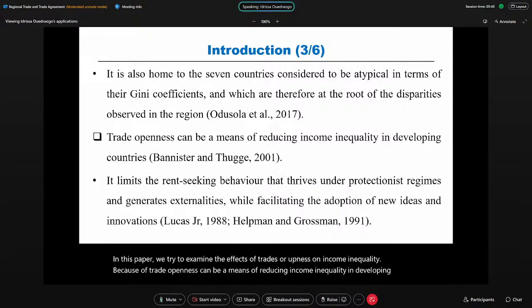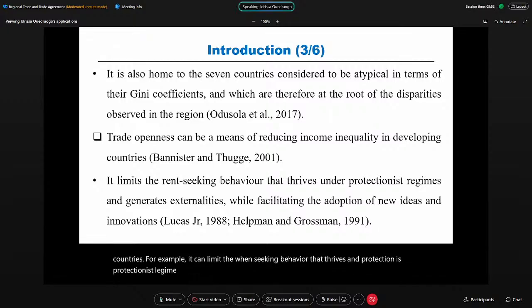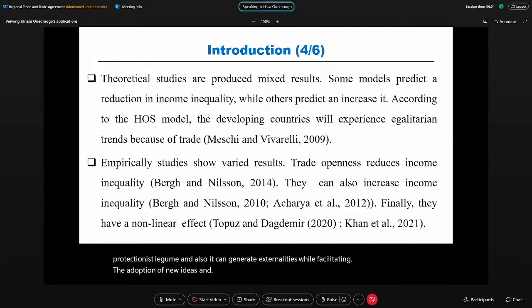For example, it can limit the rent-seeking behavior that thrives under protectionist regimes, and it can generate externalities while facilitating the adoption of new ideas and innovation.